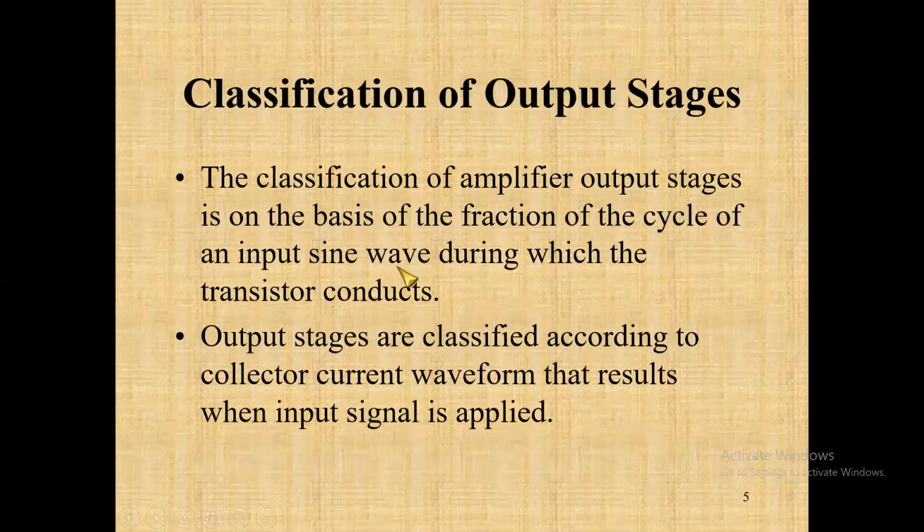So for what part of the input cycle does the transistor conduct? That will decide the classification of the amplifier. That just means for what portion of the input signal the collector current is present.